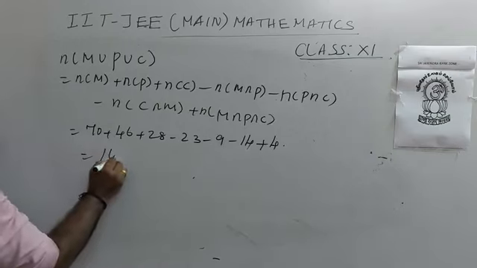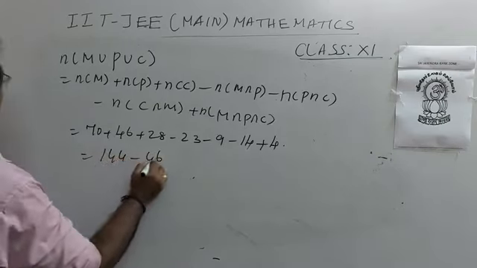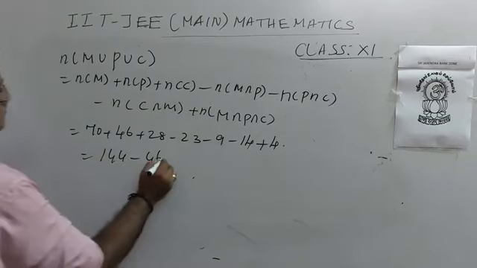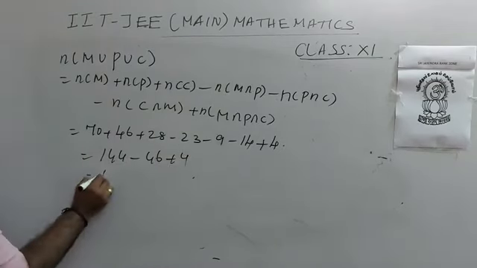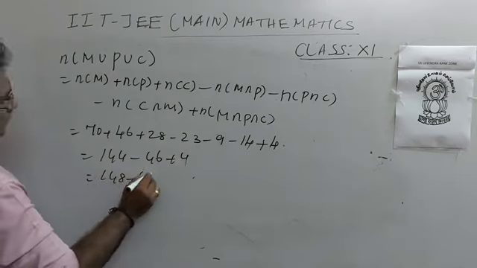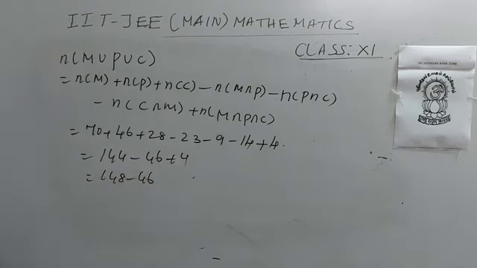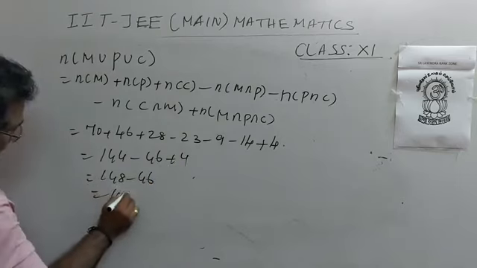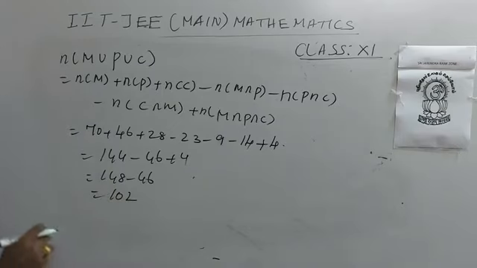That is 144 minus 46 plus 4, 148 minus 46, which is 102.